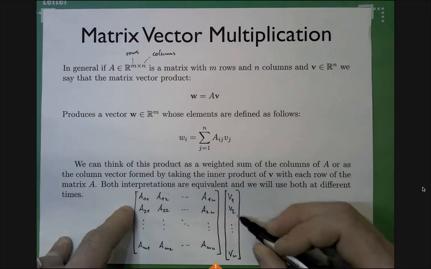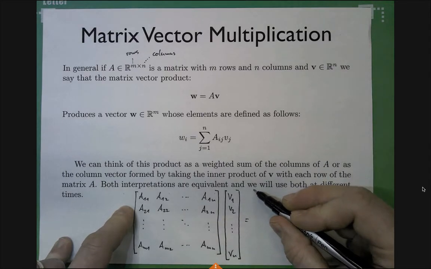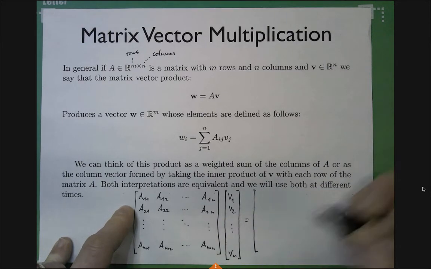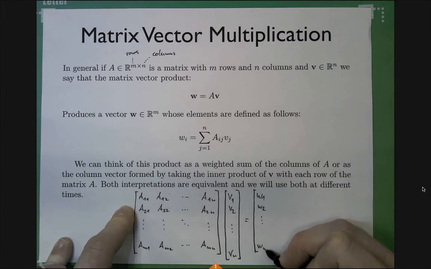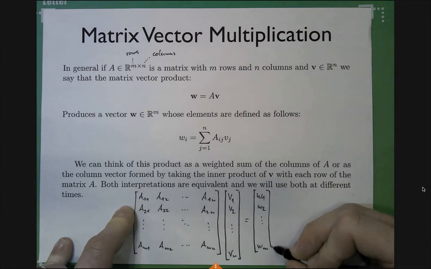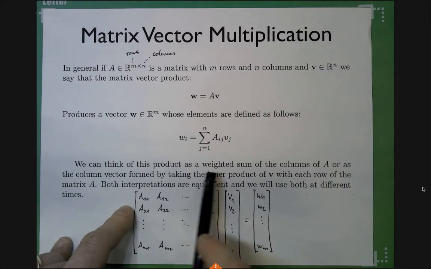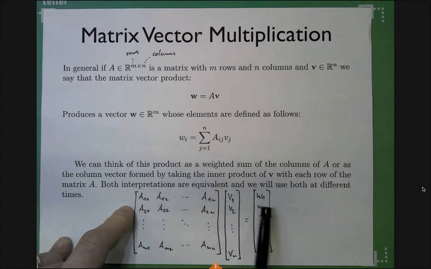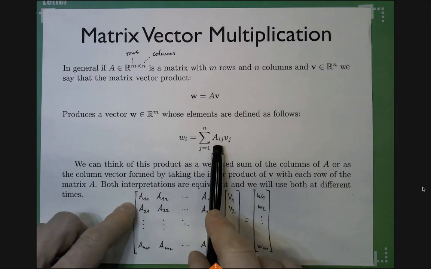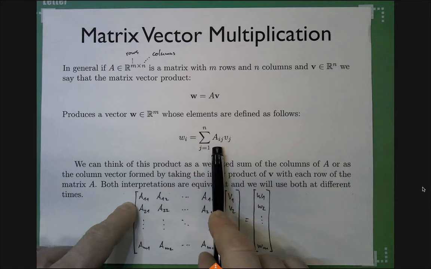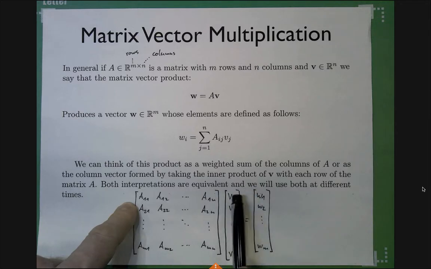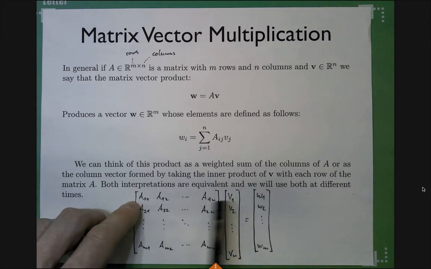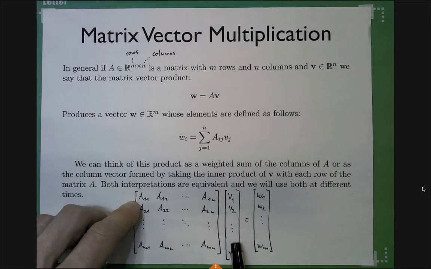That means that the W is a vector of m components, W1, W2, up to Wm. And it's computed like this. So the ith component of the vector W, I look at the row number i in the matrix A, and I sum over all columns. Every element hitting with the corresponding component of V.